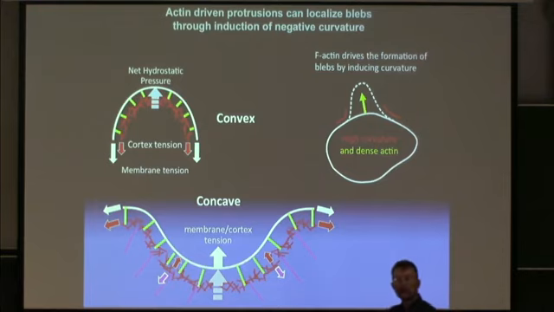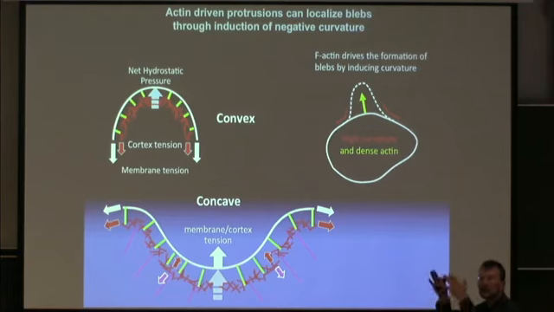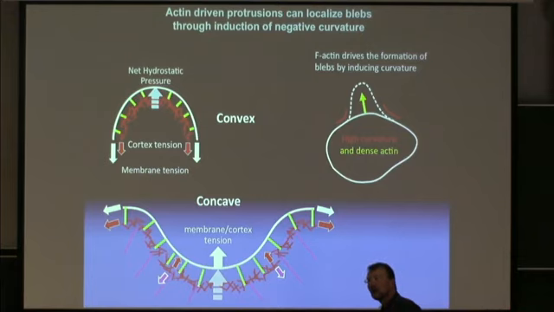One way we think they do it is that they utilize their cyclic AMP chemotactic machinery to create protrusions at the front, which then indirectly create regions of negative membrane curvature that then recruit blebs to the front, simply because blebs have a higher protrusive force than slow actin-based protrusions.